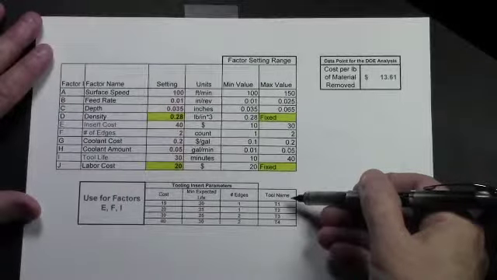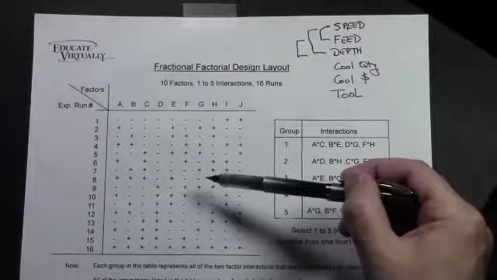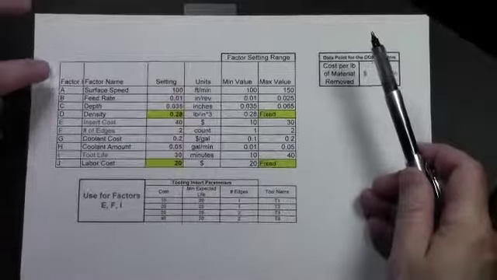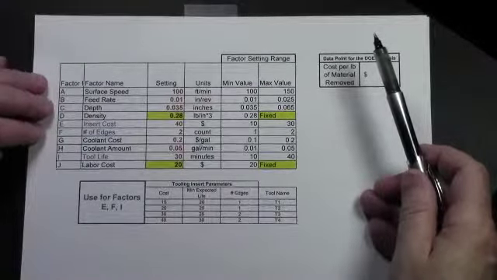So what that's going to do is dictate that we're going to be using a 16-run fractional factorial design. Now, the task that we have now is to assign the factors to the proper columns.